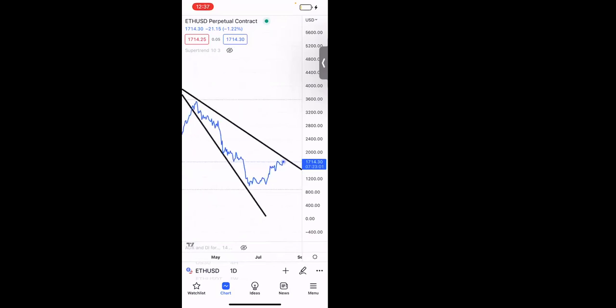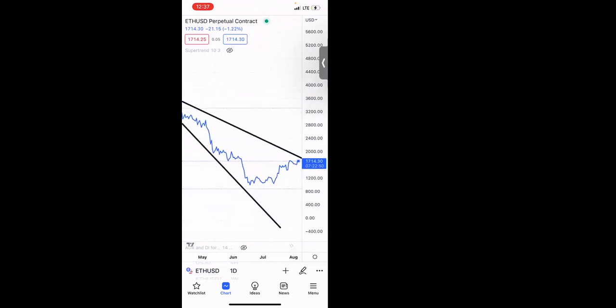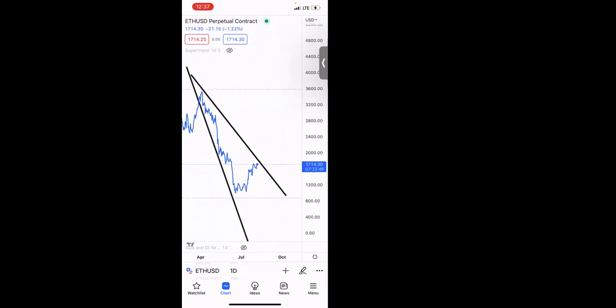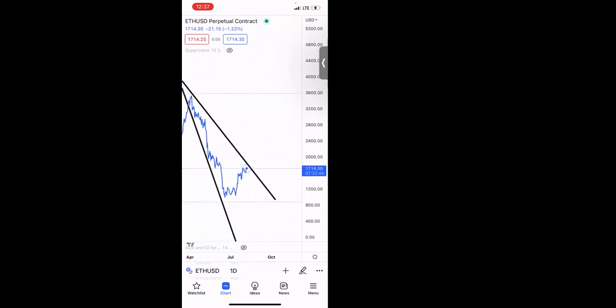I'm going to bring it down this way, straight down like this, because this is going to point out all the pointers in the market. Overall, this is what I'm paying attention to: what is this market doing right now? It's going on a downtrend.